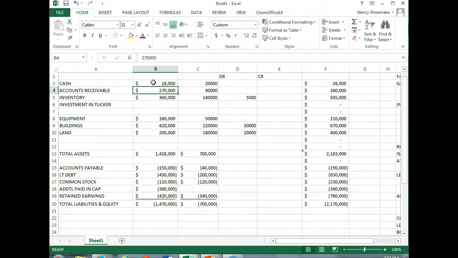Okay? The accounts receivable will be just the combination of 360. The inventory is going to be both book values plus the increase in fair value, or 505. We now have an investment in Tucker on our books of $515,000, don't we?